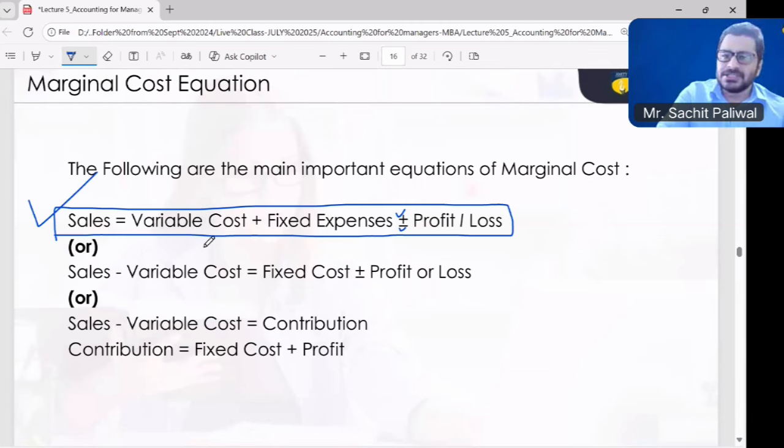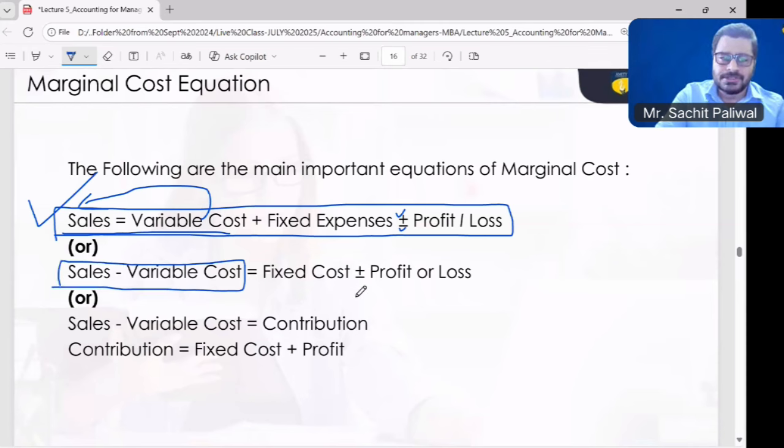Now with this marginal cost equation, you can play around. How can you play around? Sales is equal to variable cost plus fixed expenses plus or minus profit. You can pick up this variable cost and put it on the other side. So it will now be sales minus variable cost, which is together equal to fixed expenses plus profit. This equation can be represented in this way.